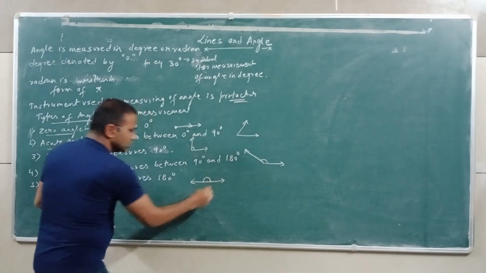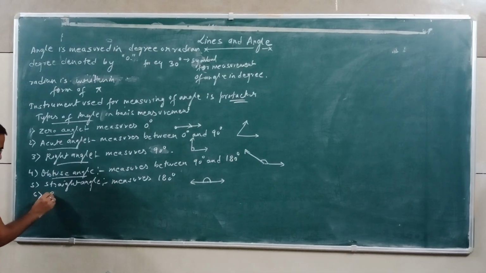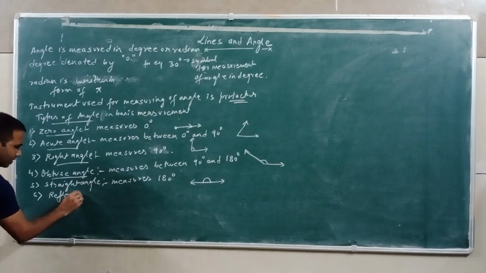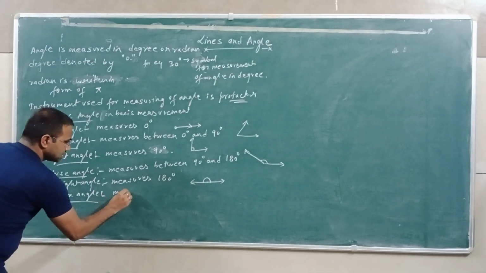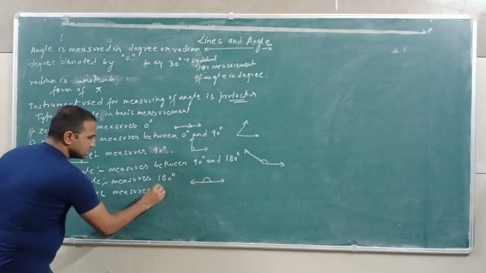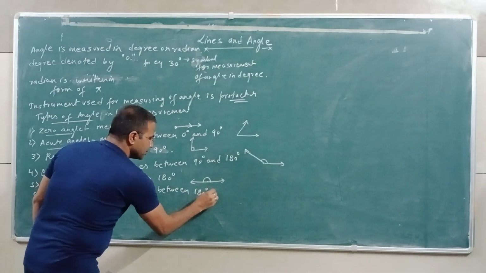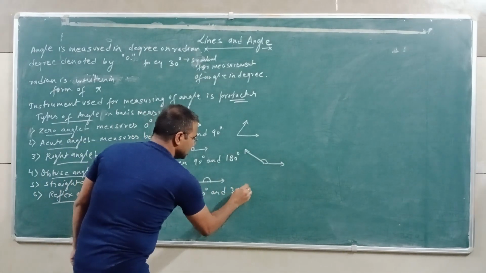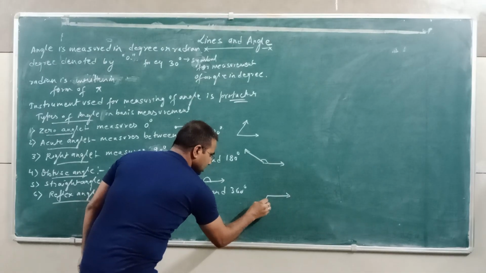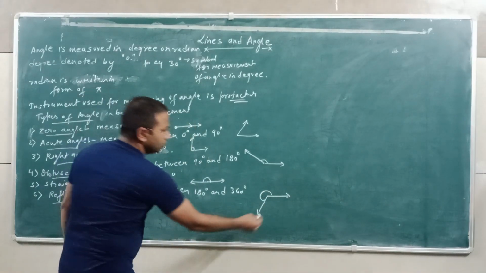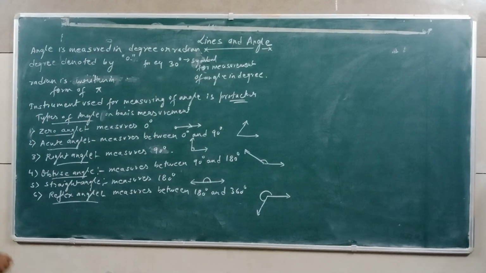So this is the straight angle symbol. Sixth one, reflex angle. Reflex angle measures between 180 degree and 360 degree, and it is denoted by like this. You will make it like this, and this is reflex angle. Don't make it like this, otherwise it will become obtuse. See there. Okay, so this is reflex angle.